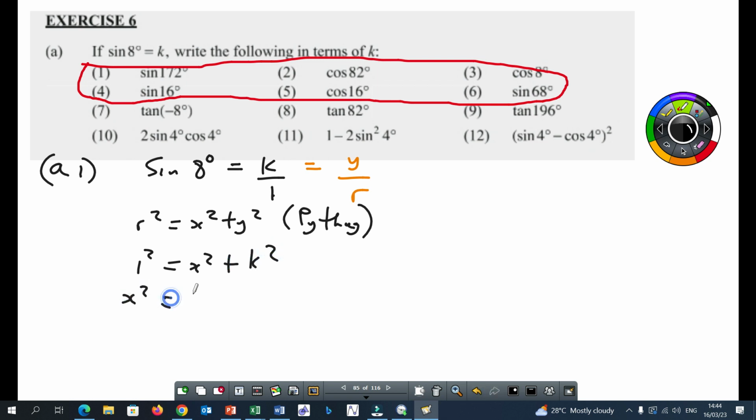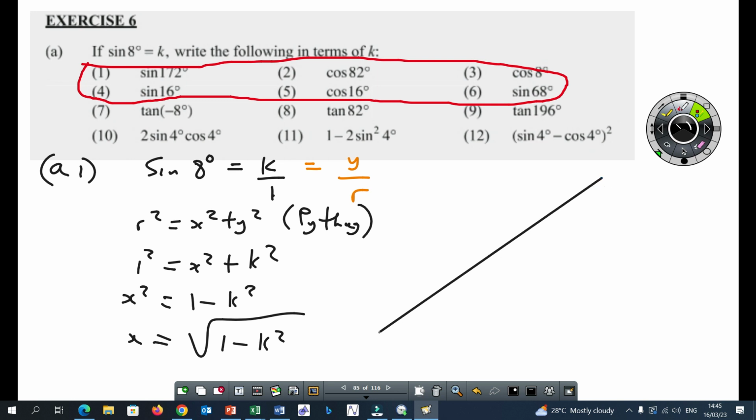So x squared will be 1 minus k squared, and x will be the square root of 1 minus k squared. Then, fortunately, I've got some shapes, so I can draw a nice triangle.